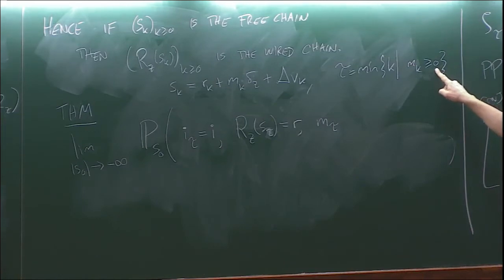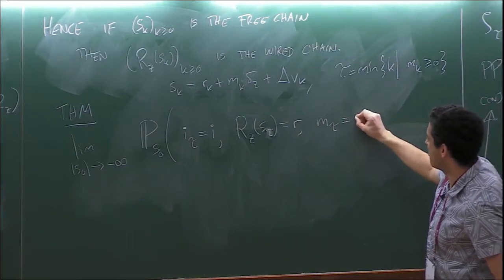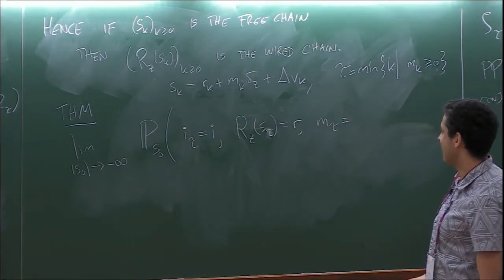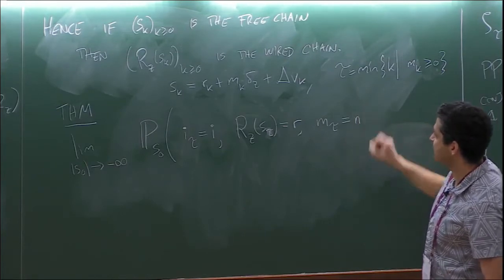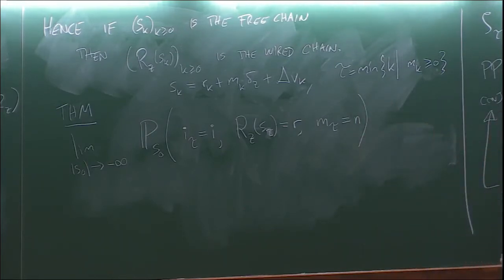Now we know it's non-negative, but it could be bigger than 0. So what's the chance that M tau is some particular integer n? Okay, so that's the event we're interested in.